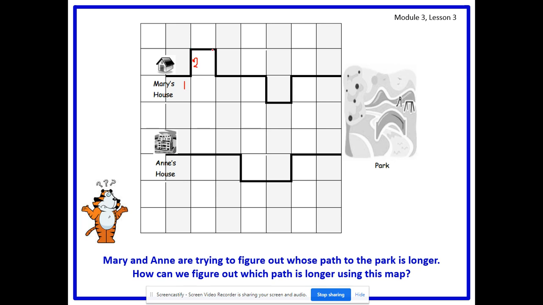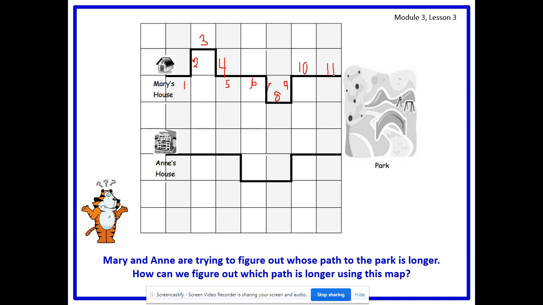From here to here, 3, here to here, 4, here to here, 5, from here to here, 6, going down is 7, 8, from here to here. You see why we don't count the squares? And then from here to here is 9. From here to here is 10. And here to here is 11.